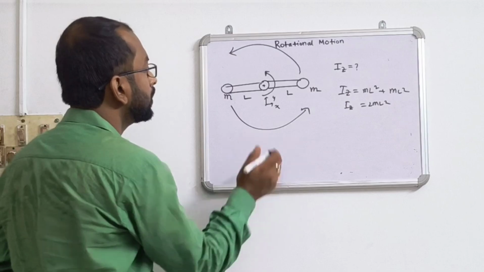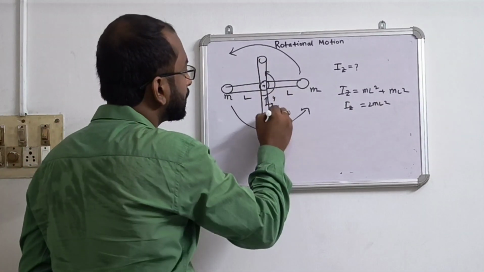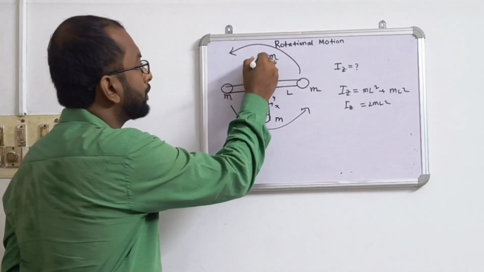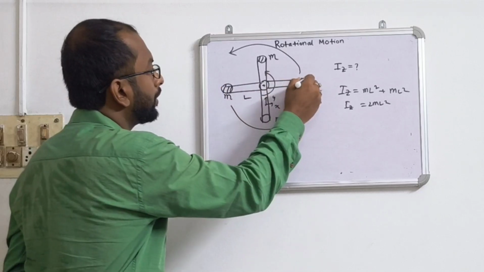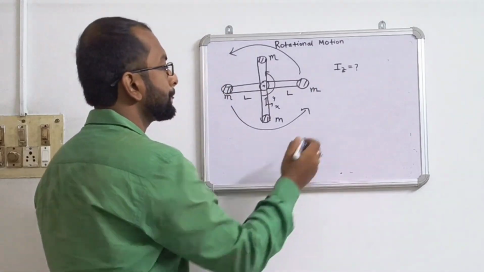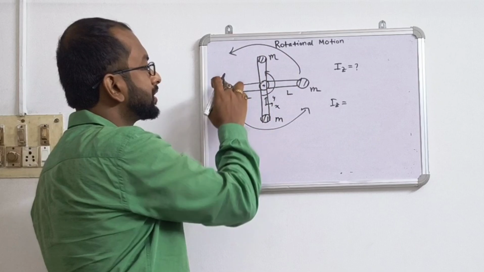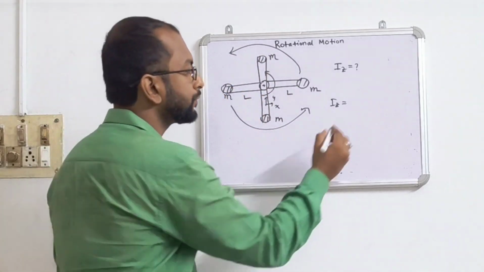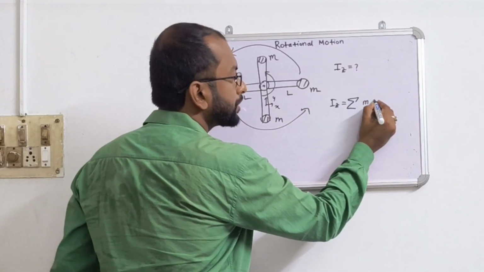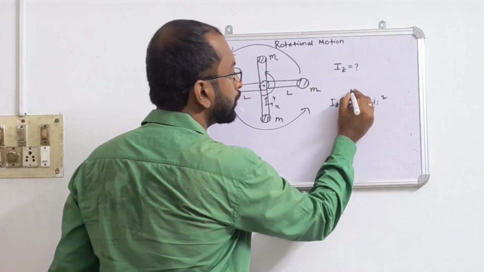Now if I give you this system, M, all are attached with massless rods. So only point masses are there. So what will be the moment of inertia in this case? See, we have to take summation of all these masses into the respective distances square from the axis, i equal to 1 to n.